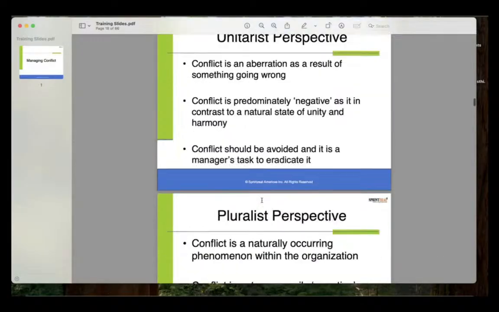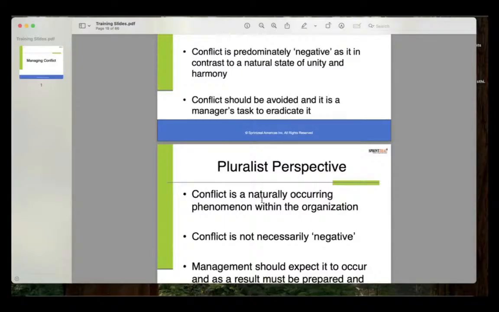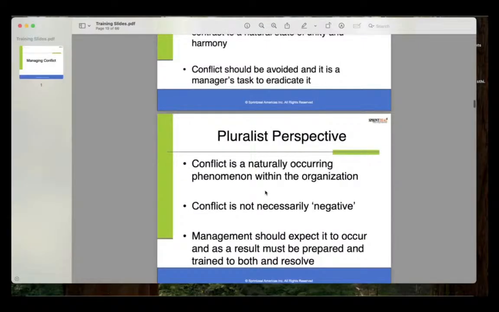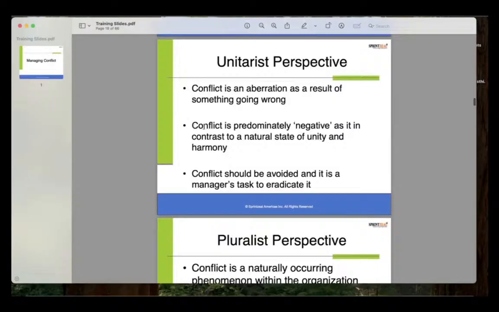Then the next one is the pluralist perspective. These are just the perspectives we are understanding. In this perspective, conflict is a naturally occurring phenomenon within the organization, and it is not necessarily negative. If you see here, in the unitarist perspective we saw that conflict is predominantly negative.